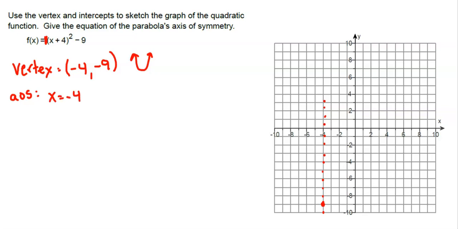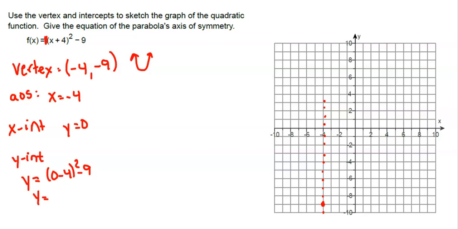Now let's find intercepts. To find the x-intercept, we're going to set y equal to 0 in our equation. To find the y-intercept, we're going to set x equal to 0 in our equation. So f of x, which is y, equals 0 minus 4 squared minus 9.